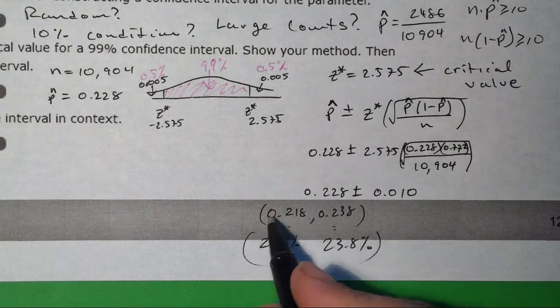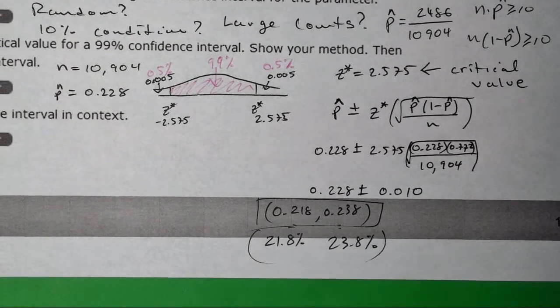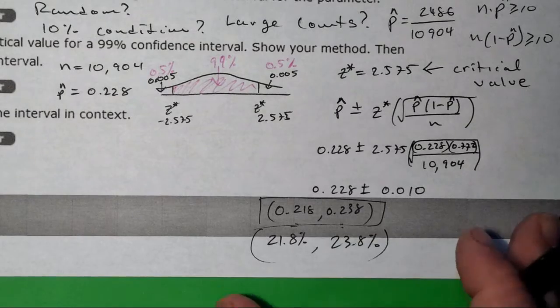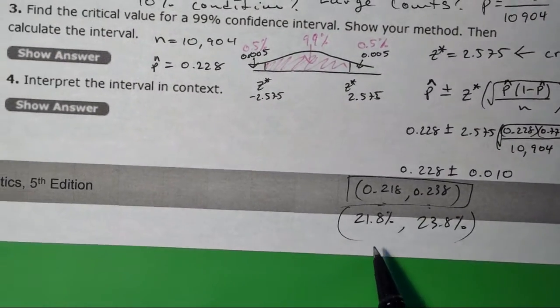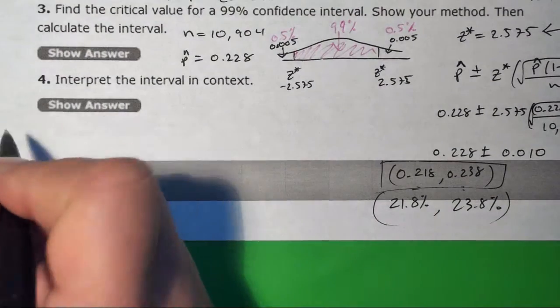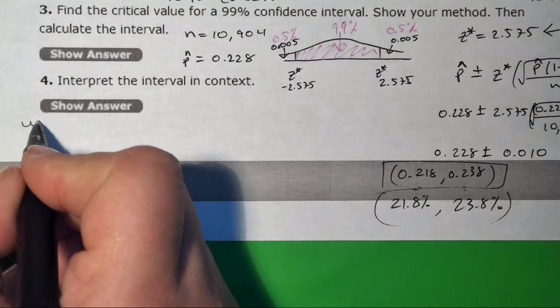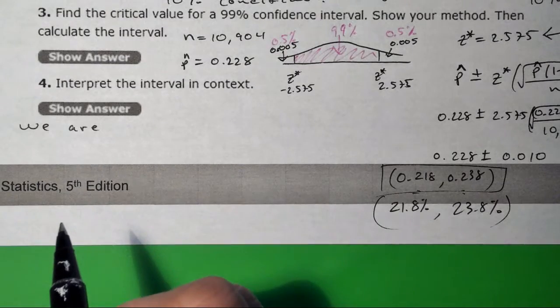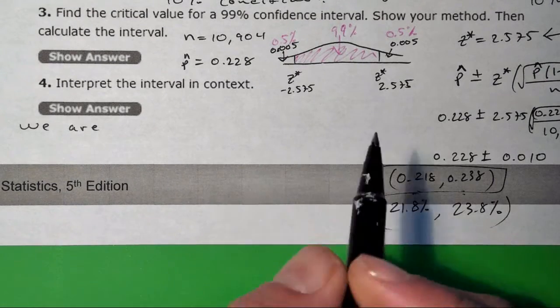Okay, but normally we just kind of leave it up there, as long as you understand that they're percentages. Now, interpreting in context, so this is really what we have. Finally, okay, what was our confidence percentage? Which was 99%.